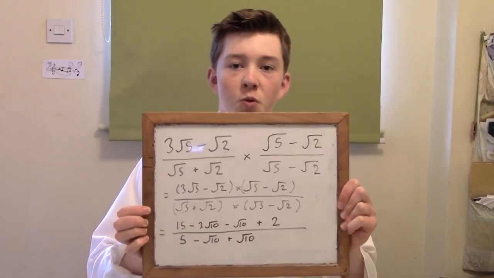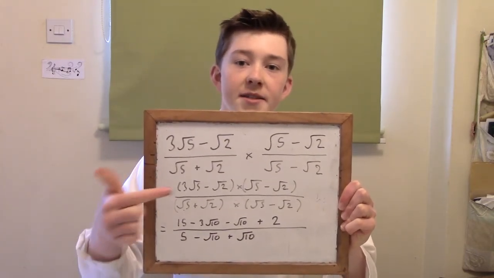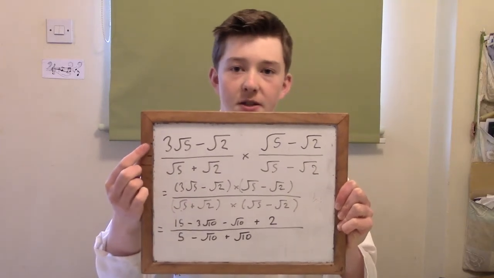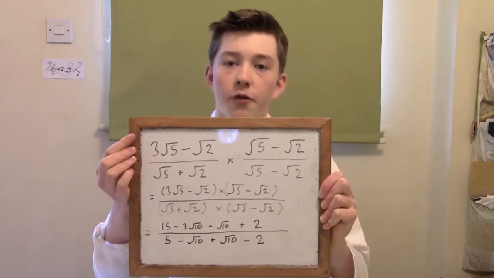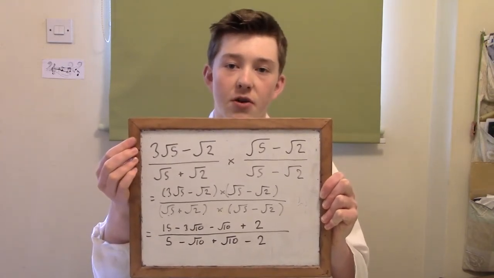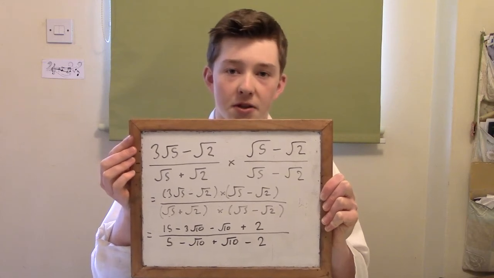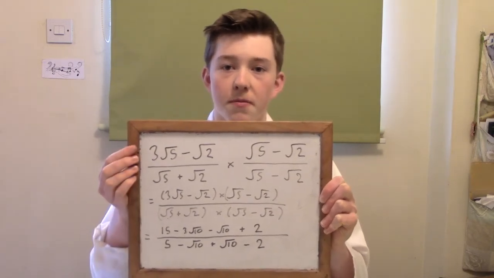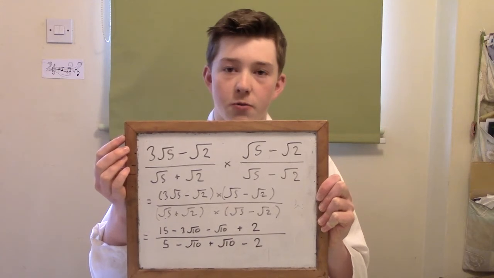The third number will be plus root 10, because now we're multiplying the inside numbers of the double brackets together, which are root 5 and root 2. The final number will be minus 2, because we're multiplying together the last numbers in each of the two brackets on the denominator in the previous line of the equation. And these two numbers are root 2 and minus root 2.